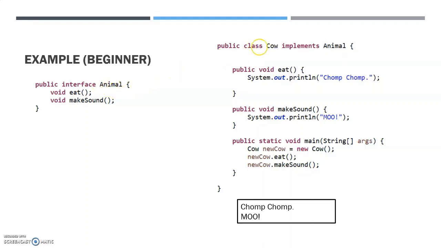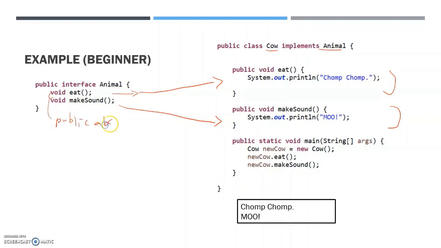Well, firstly, the class Cow implements Animal, so it needs to override the eat and makeSound methods, which are successfully overridden in here and here. These two methods are both public and abstract, and also are both instance methods.